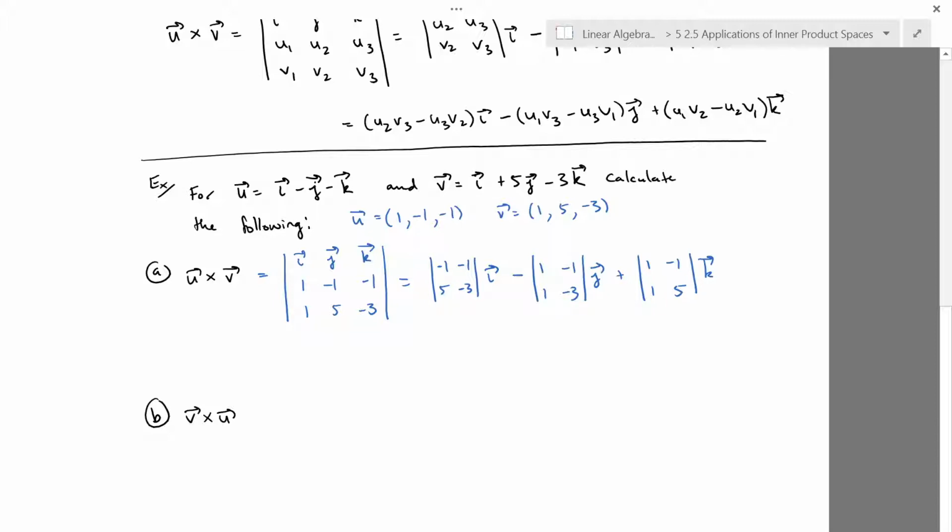Now we just do the 2 by 2 determinants. So this times this minus this times this, AD minus BC. This is positive 3 minus a negative 5, which is 8. Then this term is negative 3 minus a negative 1, which is negative 3 plus 1, which is negative 2.